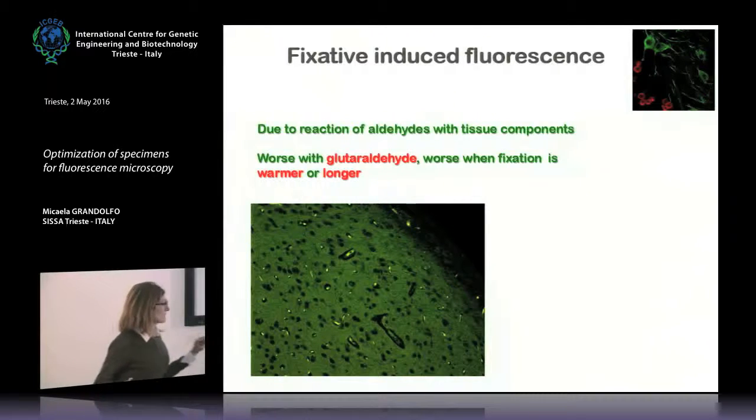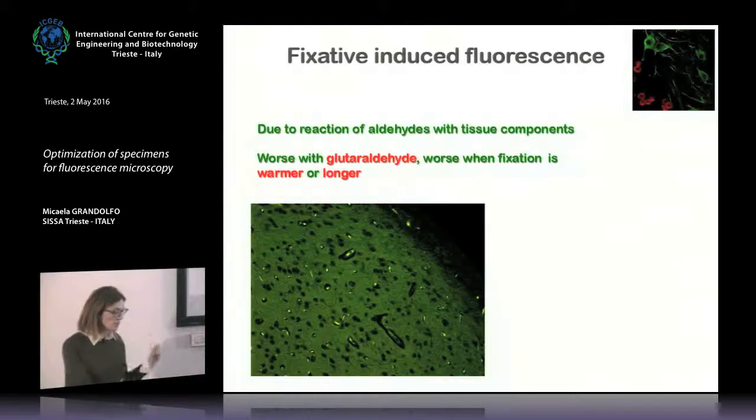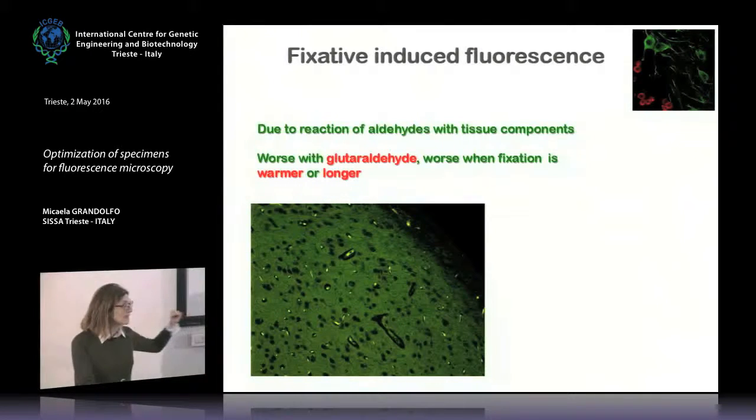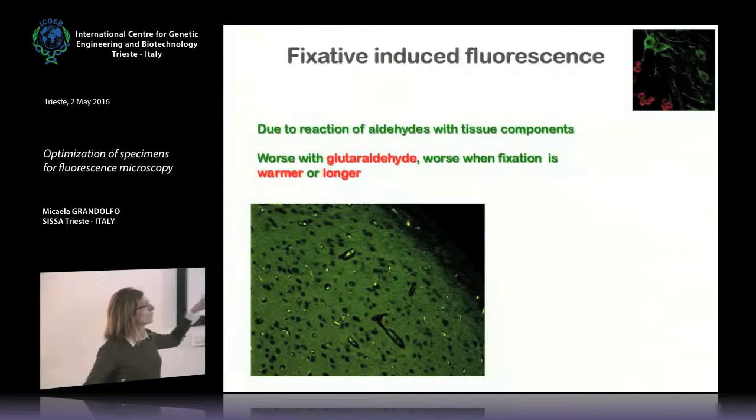If you observe your tissue or your sample using a long pass filter in the green region, you will see something that is not bright green, but a dull yellow. In this case, you can suspect that this is autofluorescence, when it is very homogeneous and you do not see some specific staining. But remember that you can have different intensity in different cells due to different contents in terms of amines.